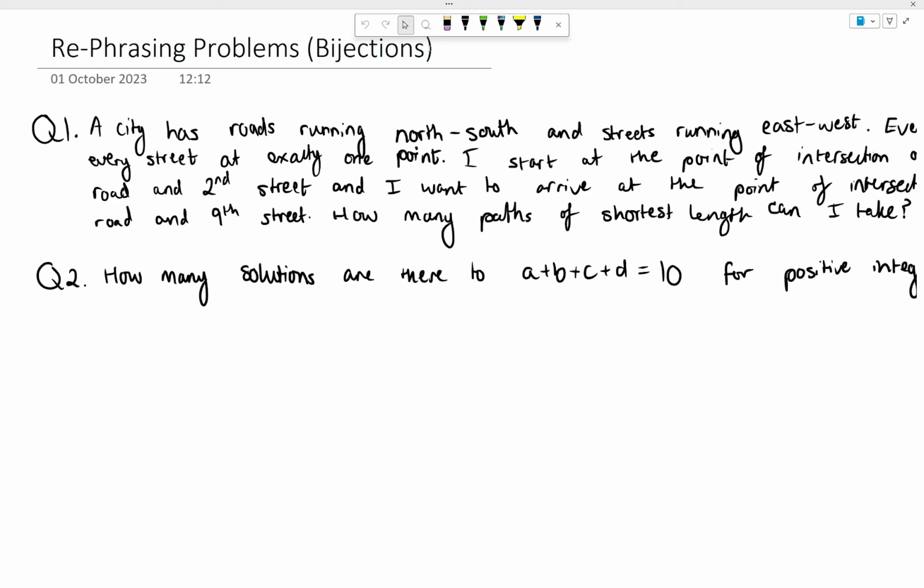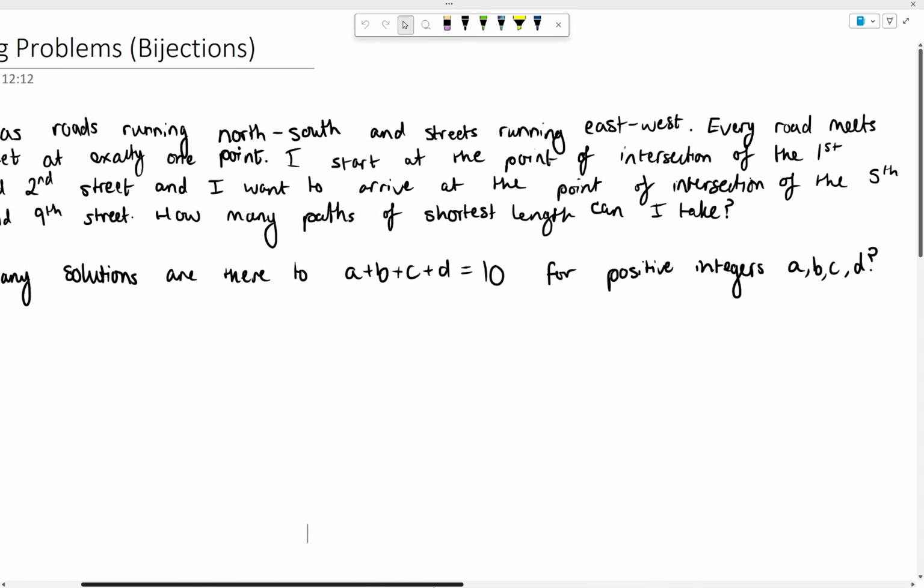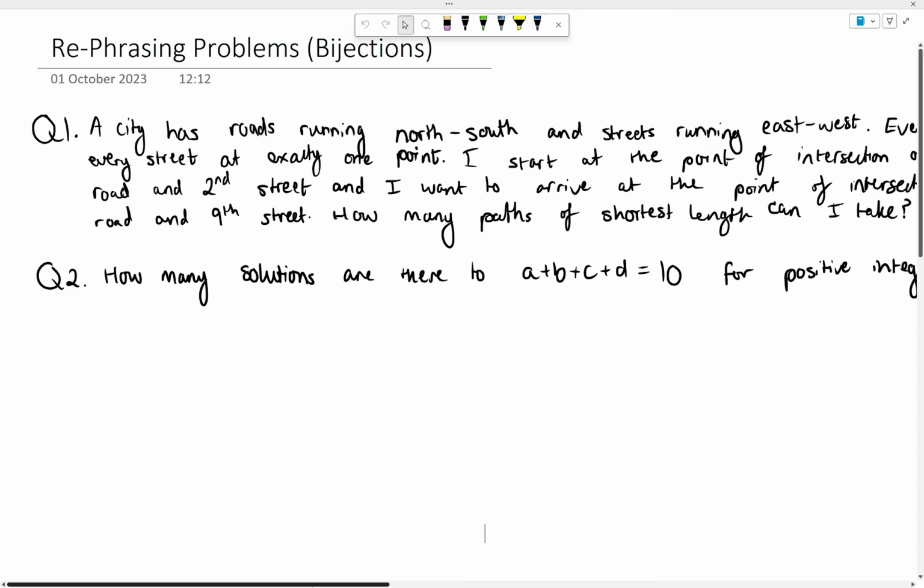More formally, it's a function between two sets of equal size, but you can think of it as going from one problem, phrased in one way, to the same problem phrased in a different way. It's quite commonly used in combinatorics, which is the study of arrangements and counting.